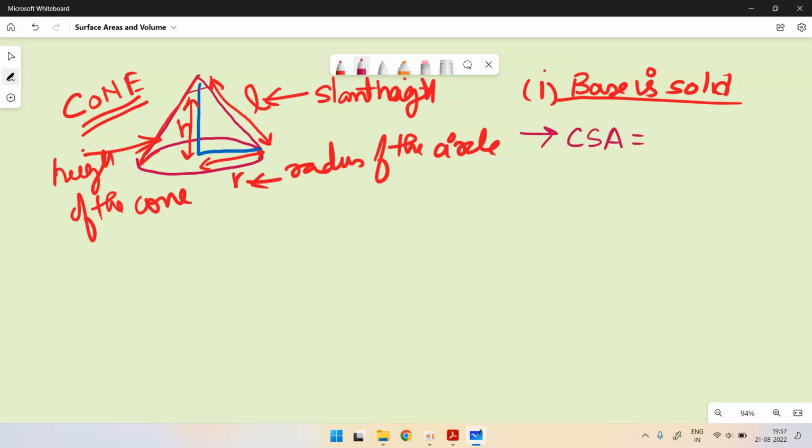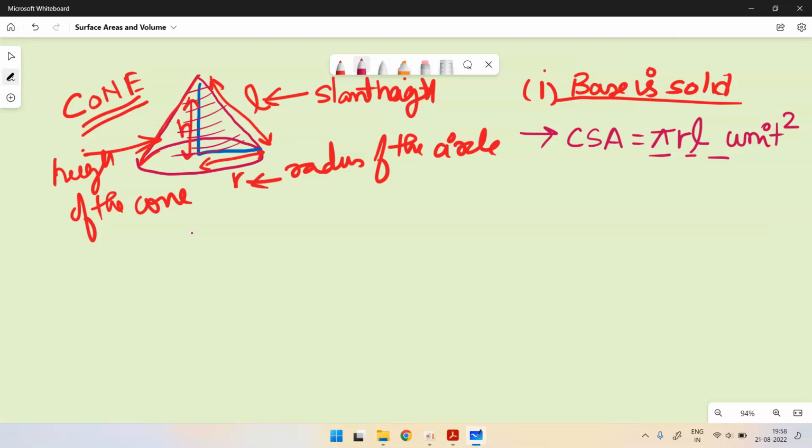Curved means this is a curve. Curved surface area will be pi r l unit square. Curved surface area of cone will always be pi into r into l. R is the radius, l is the slant height.